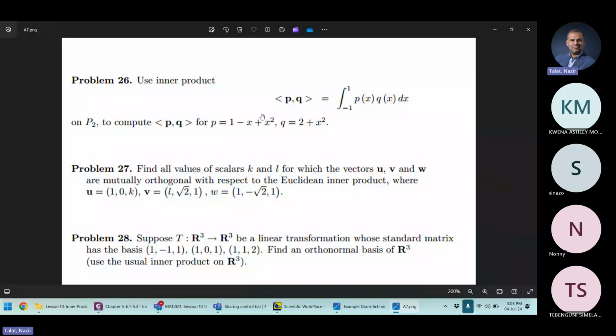When you have two functions, you cannot get the inner product unless you multiply them. First you need to multiply P with Q, and when you multiply you will get some polynomial of degree 4. Maybe it will become, suppose, 2 plus 3x plus 4x square plus 6x cube plus x power 4.